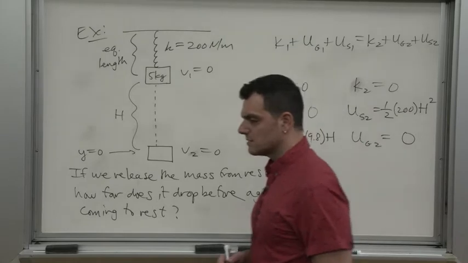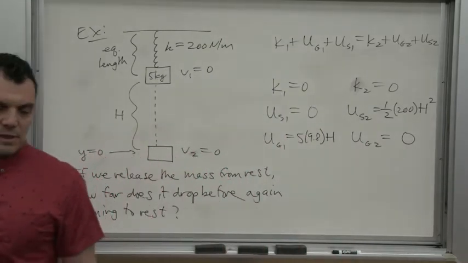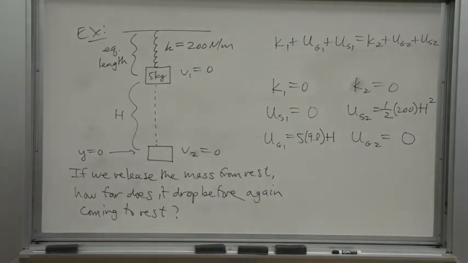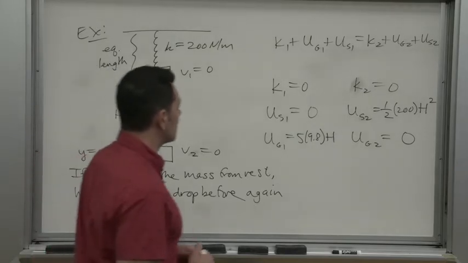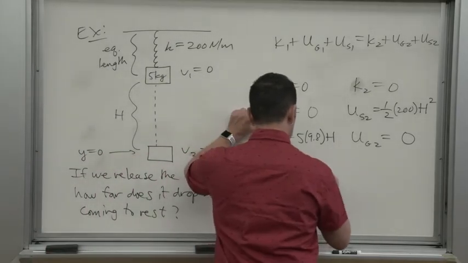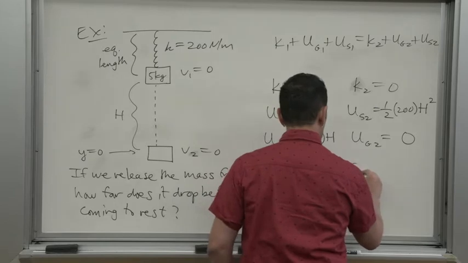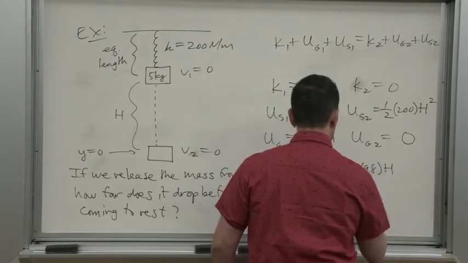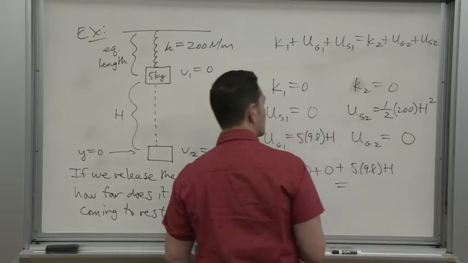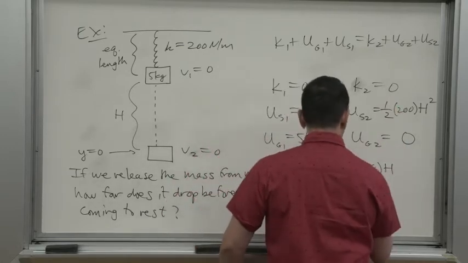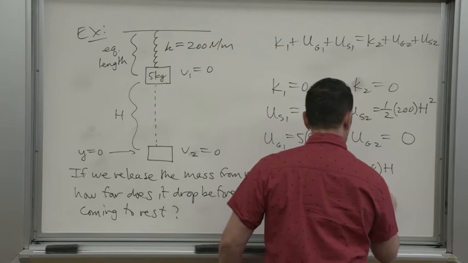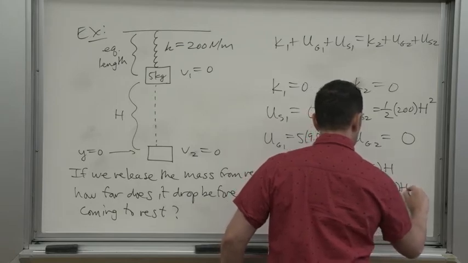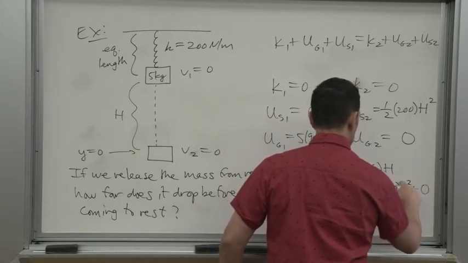So then what do I have? K1 plus US1 plus 5 times 9.8 times h is equal to K2 plus US2 plus UG2.